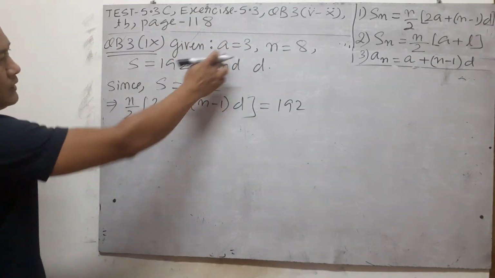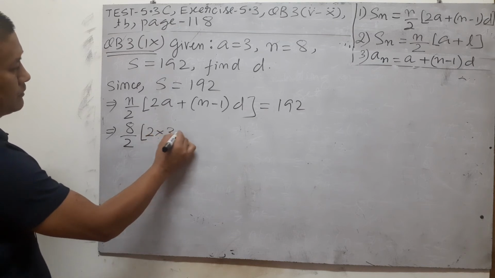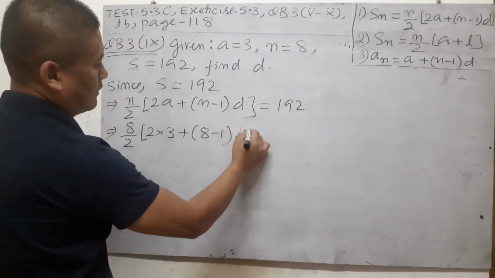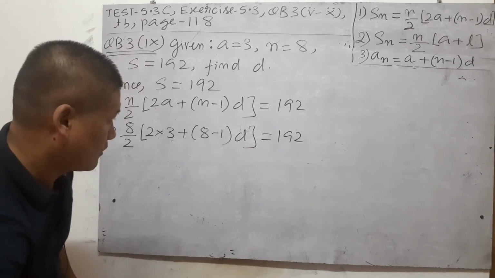Here n is clearly given as 8, so 8 by 2 into 2 into 3 plus 8 minus 1 into d. We don't know d, we have to find d, and this equals 192.